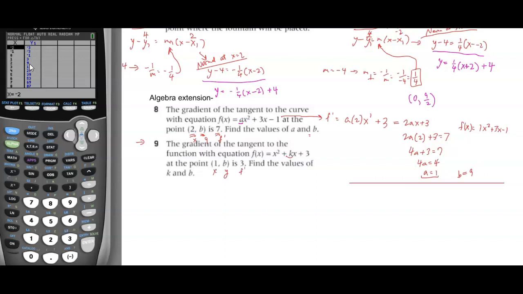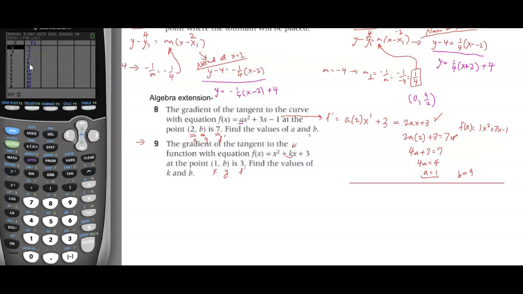Okay, so the first step is just like we did before. We're going to take the derivative using power rule. Then we plug in the 1 and the 3. The 1 in for x, and then we put the 3 in for the derivative value, and then we solve for k, okay? And then when we know k, we can just put it in the calculator, and then we'll find the y value, okay?